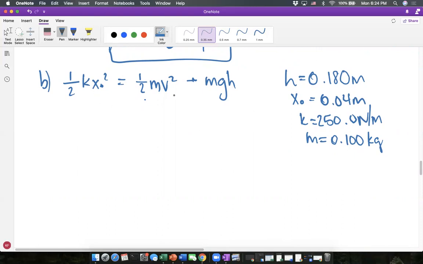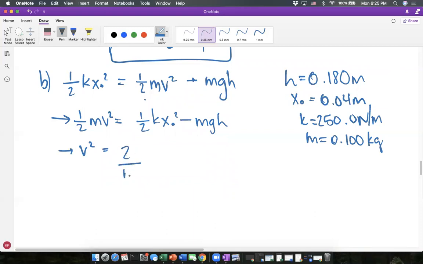Again, we're looking for our velocity, so we can rearrange this equation. We're going to have 1/2 kx squared minus mgh, and we're going to solve for v squared. So we're going to have 2 divided by m times that 1/2 kx naught squared minus mgh.